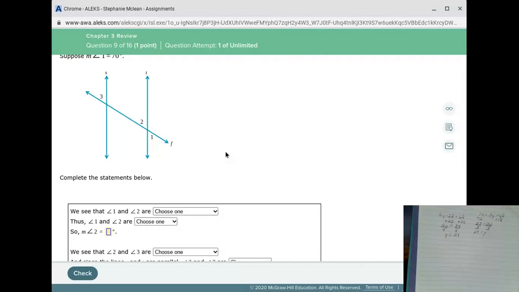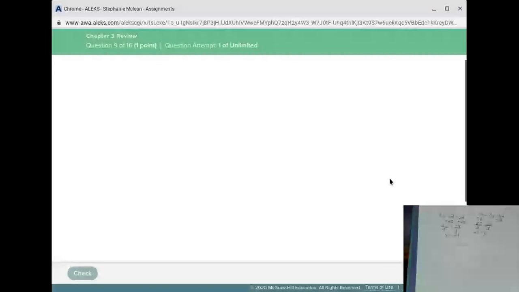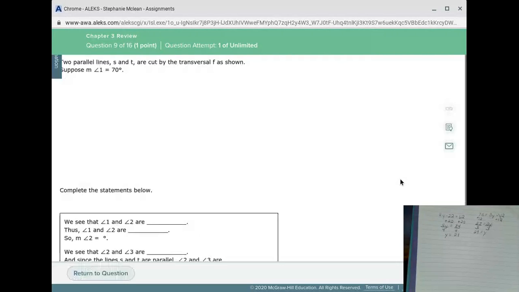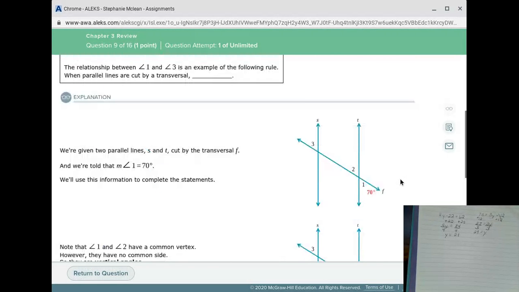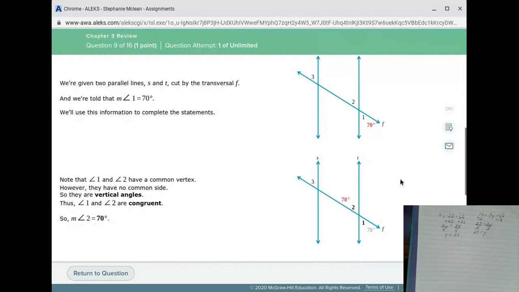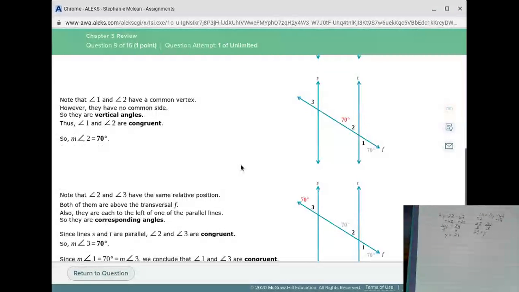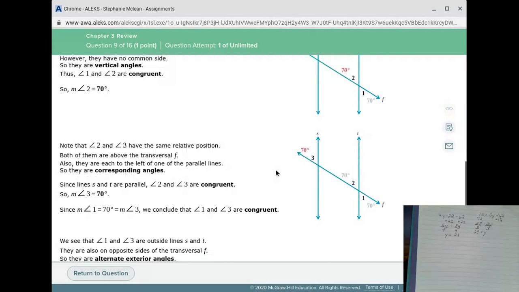Okay, if you guys don't know what vertical angles, corresponding angles, or alternate interior angles or alternate exterior angles are, I highly suggest that you guys visit the example and the explanations to see what those are. Okay, so if I go down here to the explanation, they say vertical angles, congruent angles, okay, corresponding angles.